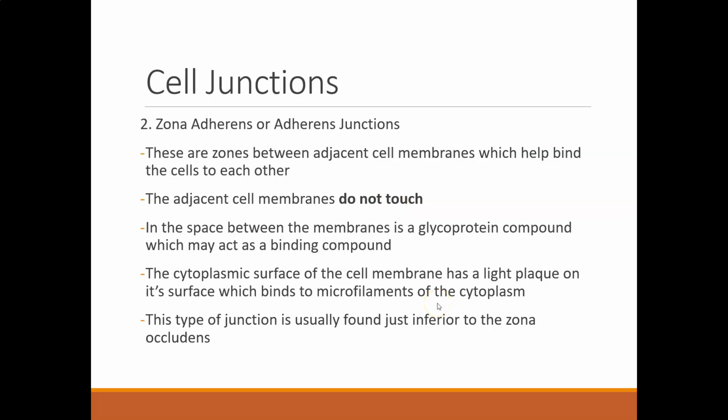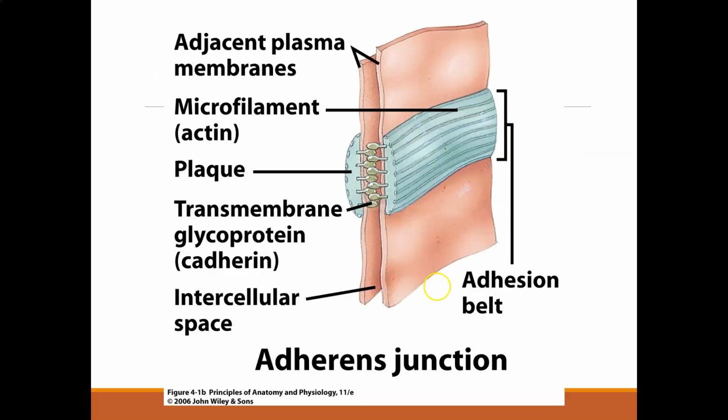What happens is there's a particular compound that sits in the space between the cell membranes. So we say, in the space between the membranes, we find a glycoprotein compound, which can act as a binding compound. So we can see here, we have our membrane of one cell, we have our membrane of another.